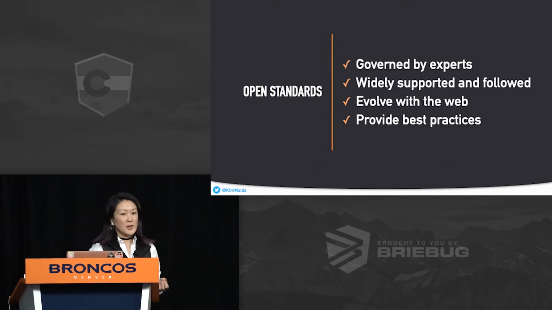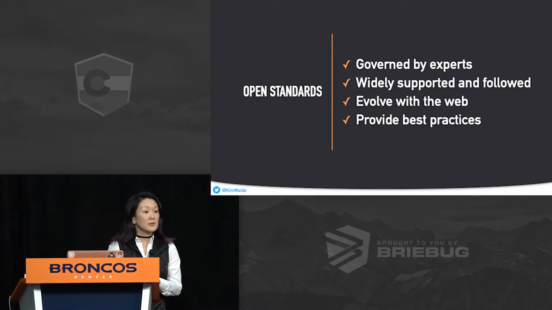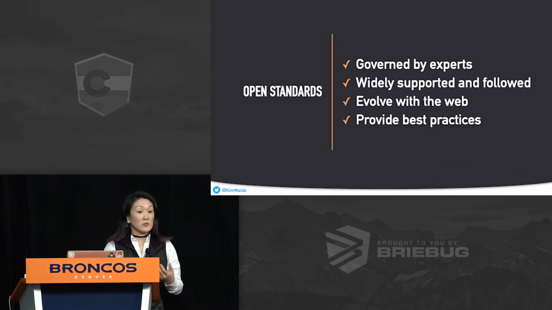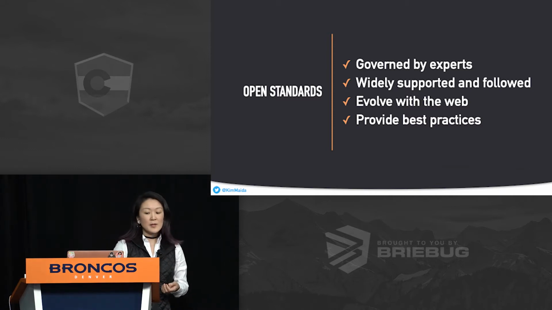They're also supported and implemented very widely across the internet. So if you want to integrate with other services, it makes it a lot easier to do that if you're following open standards, and so are they. Standards are also updated as the web and the internet changes over time. And along that vein, they provide guidance for best practices on how you should deal with authentication and authorization.